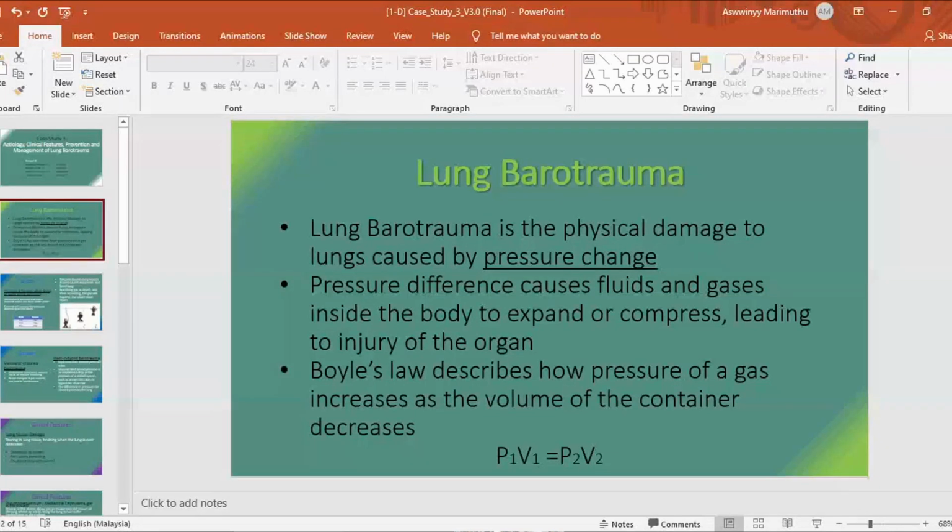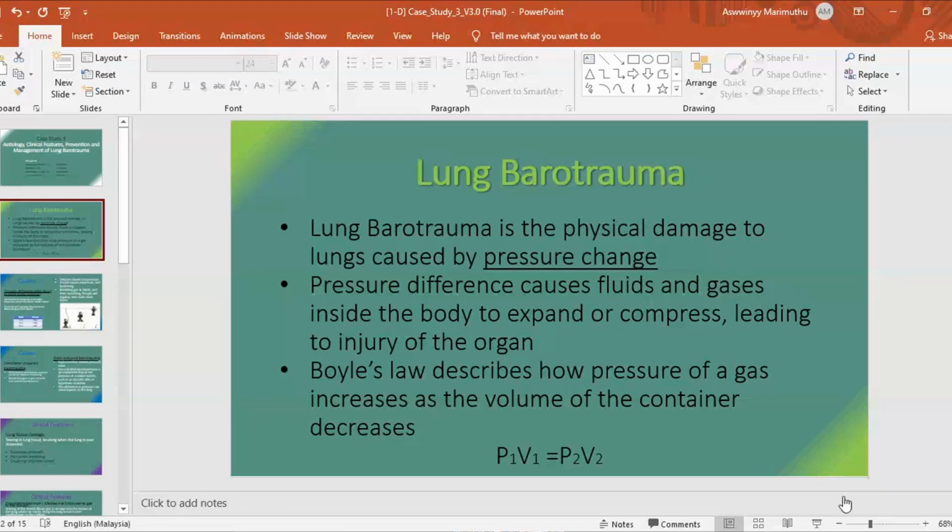Okay, where else can you find diving? Barotrauma is mostly related to sudden ascent and descent, as mentioned earlier. But decompression sickness you can also find in which other occupations related to diving? Who are the workers who dive?